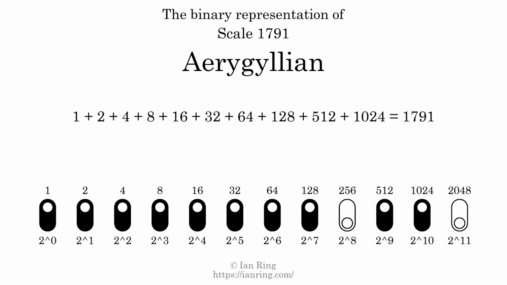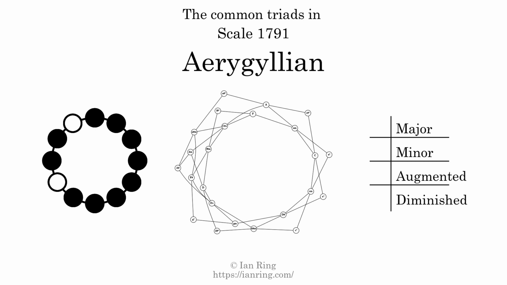That is why the scale number, in decimal, is 1791. The scale number not only enumerates the scale with a unique index, but it also literally describes the tonal content of the scale. Represented as a binary number in base 2, the scale number is 0110111111111.